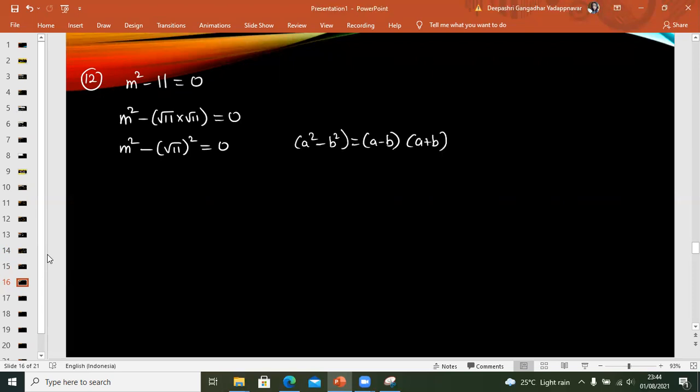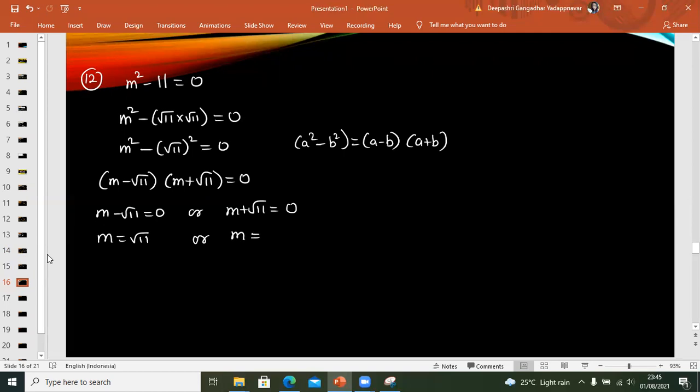So this formula can be used here. I can write this as m minus root of 11 or m plus root of 11 equal 0. Separate this, m minus root 11 equals 0 or m plus root 11 equals 0. m can be written as positive root of 11 here. Here it can be written as negative root of 11.